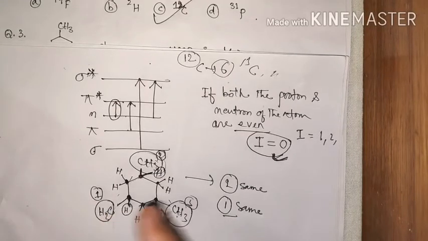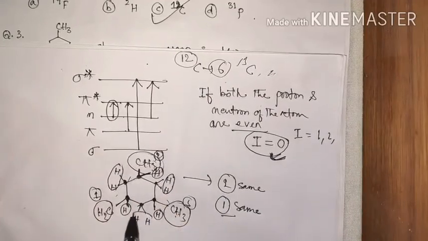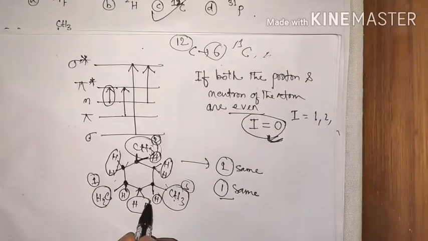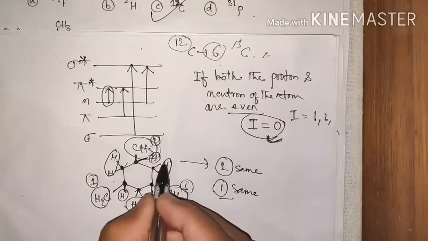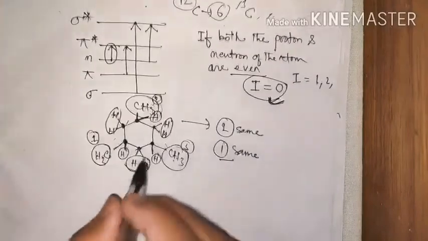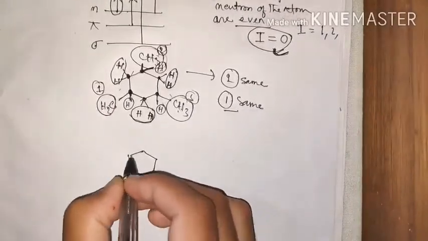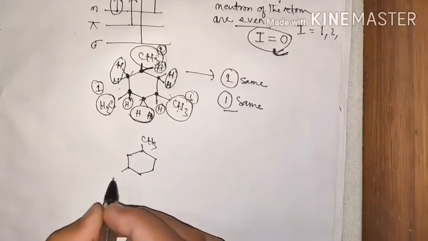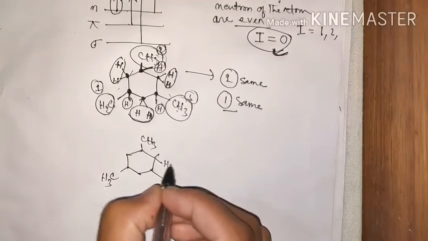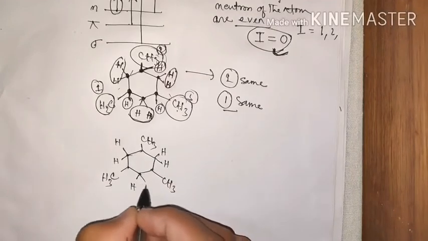And similarly for these 2 hydrogens, they are also in the same environment. If we see, this hydrogen and this hydrogen to which the methyl group is not attached, let me write it in this way. So here we have 2 hydrogens.